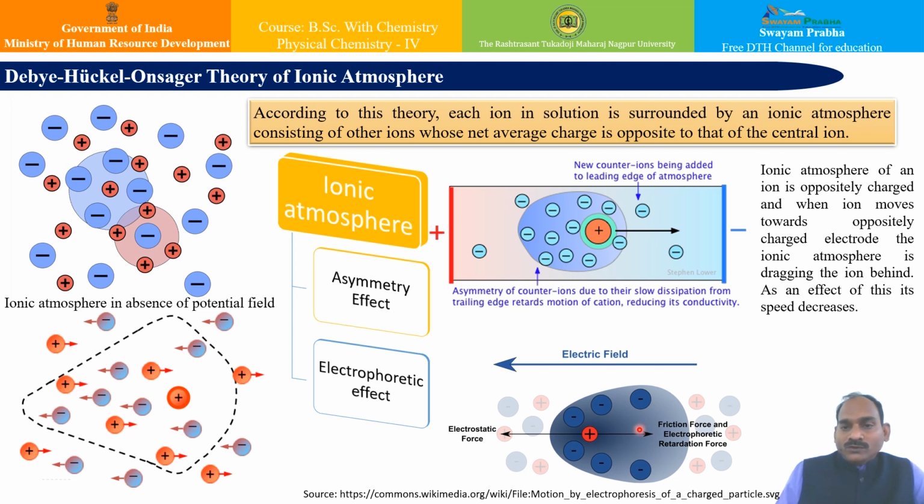Now both these effects are very important, and these are responsible for the slowdown of ionic movement in the solution. So those can be quantified also, and Debye, Huckel and Onsager have tried to quantify it. We will see it.